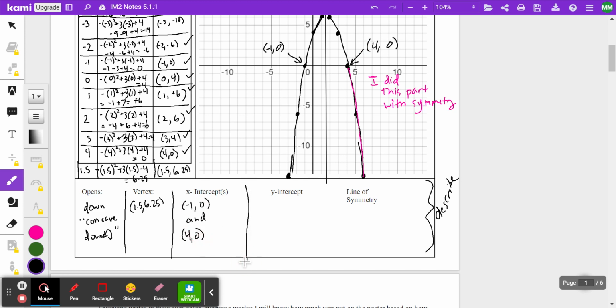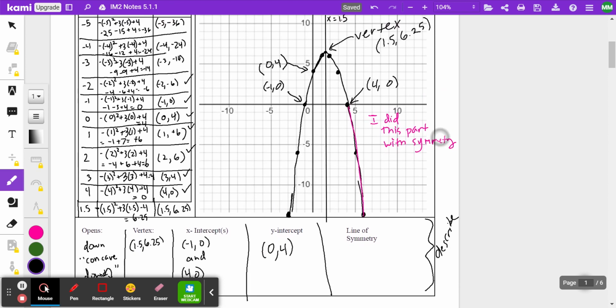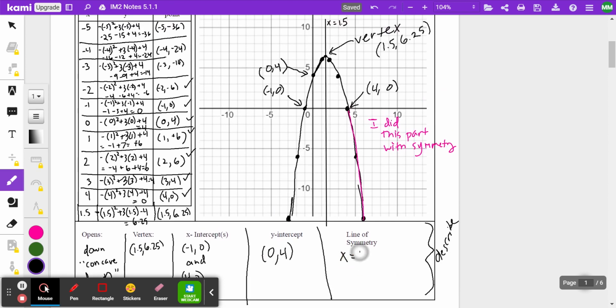The y-intercept is located at (0, 4). The line of symmetry is that line that we drew right down the middle of the parabola, and it's x equals 1.5.